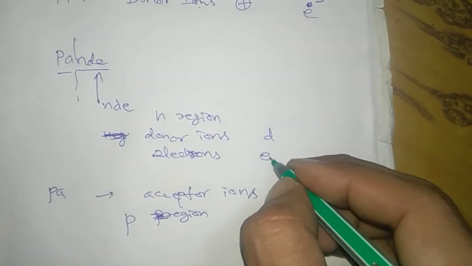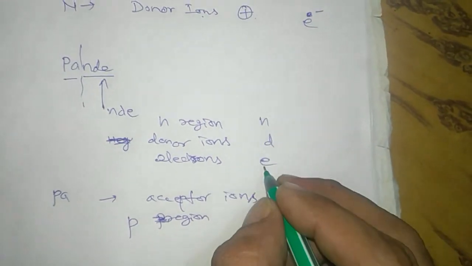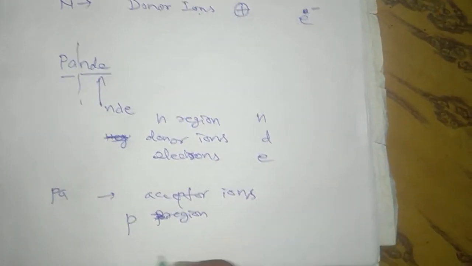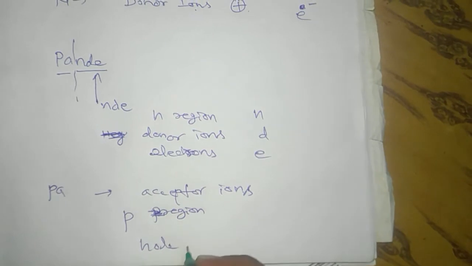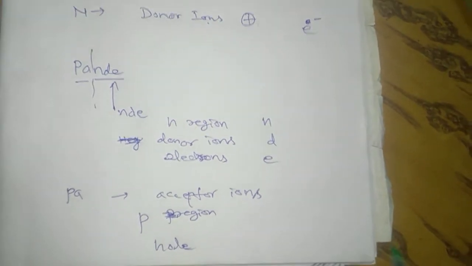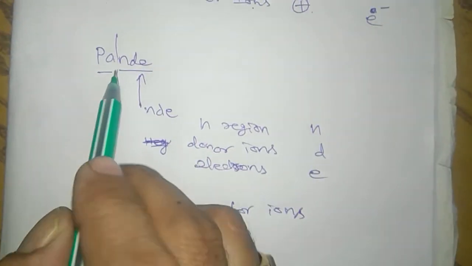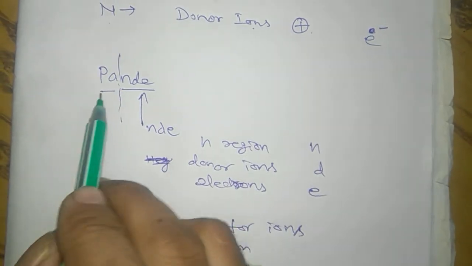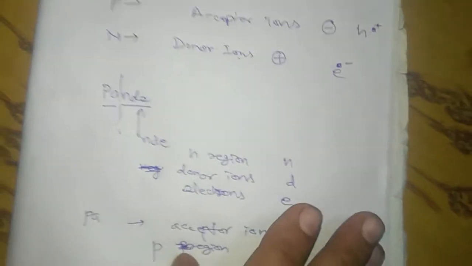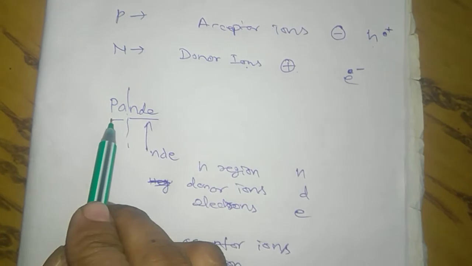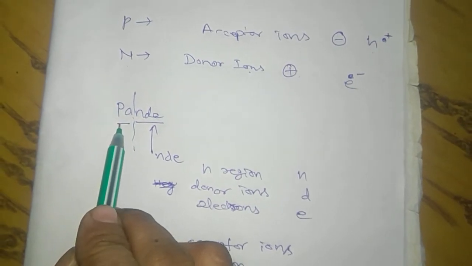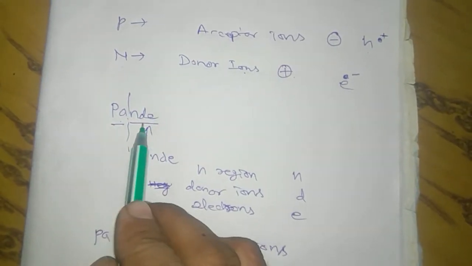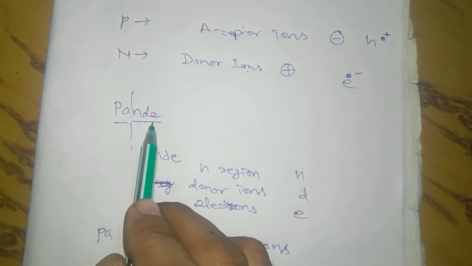Because we have shown the electron here, this is the hole, so this formula is better for remembering PNDE: P region acceptor ions, N region donor ions with electron.